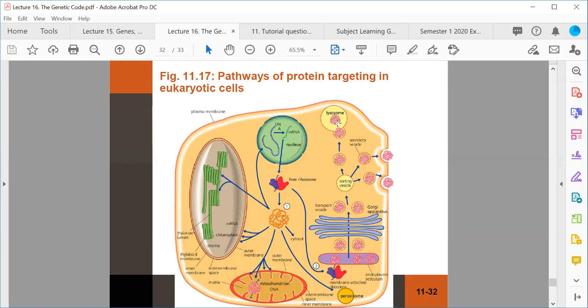The protein might be one of the hydrolytic enzymes found within the lysosome, or the protein may be destined for secretion outside the cell. So lots of examples there of how and where proteins may be targeted within the cell.